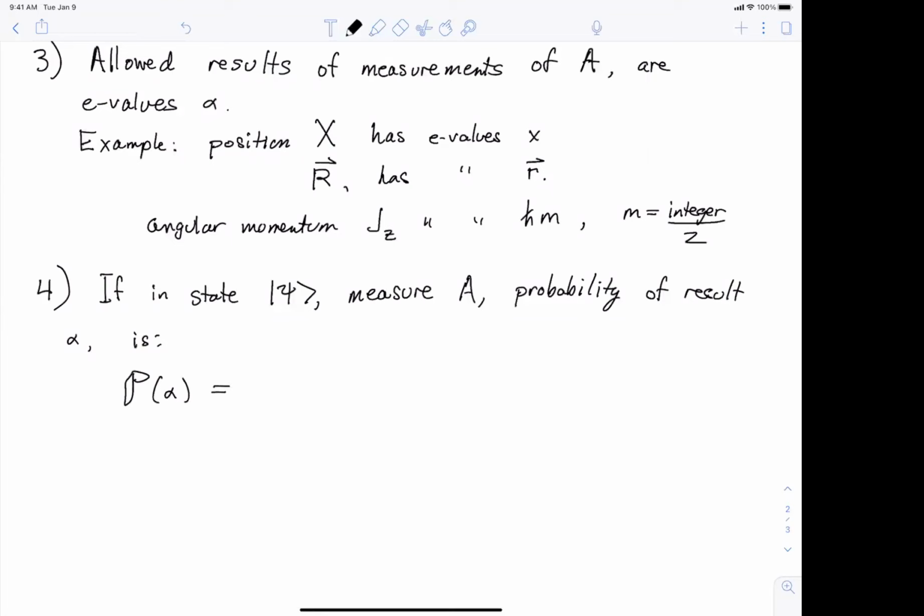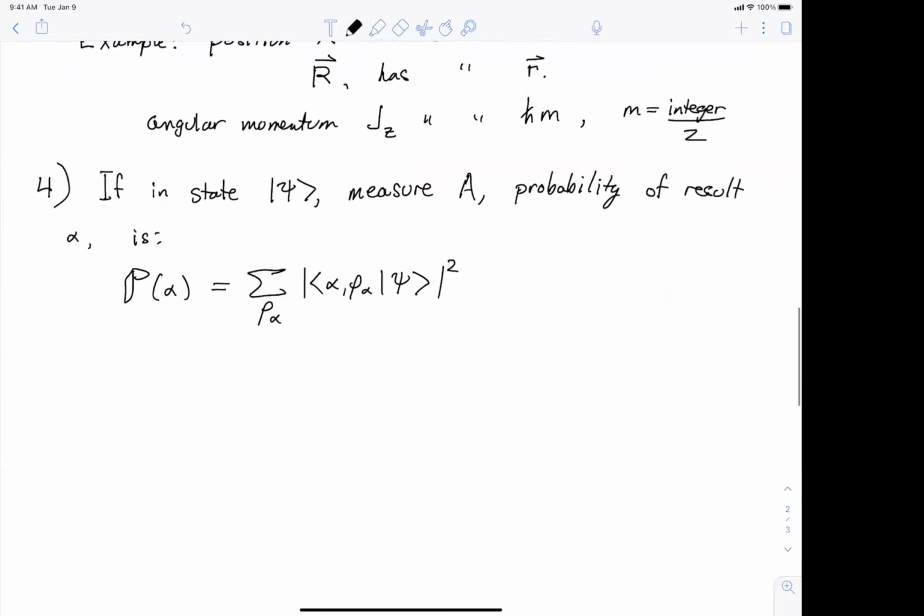And so what you're instructed to do is sum over all the degeneracy labels for that possible outcome of the complex square of the matrix element. And the key thing to remember here is that the postulate tells you that you sum after squaring, not before.